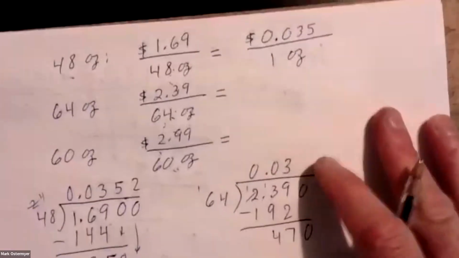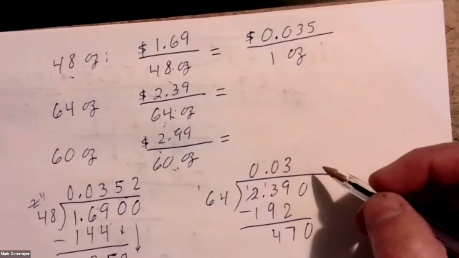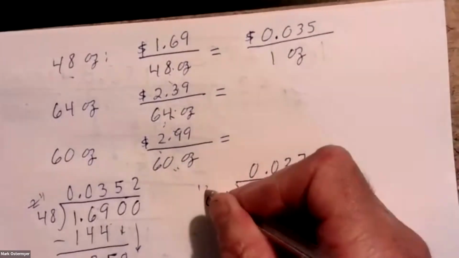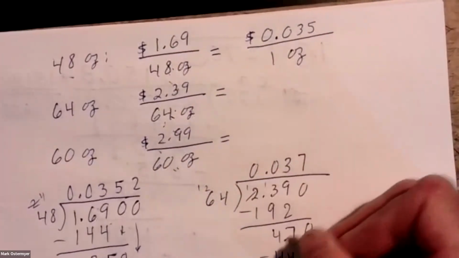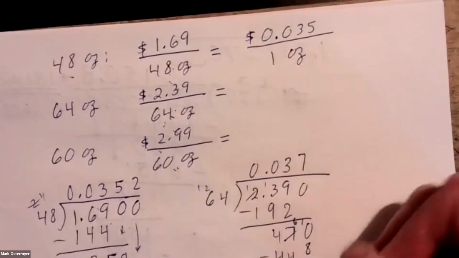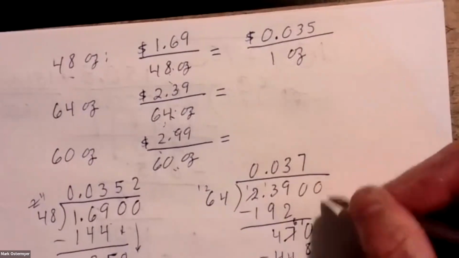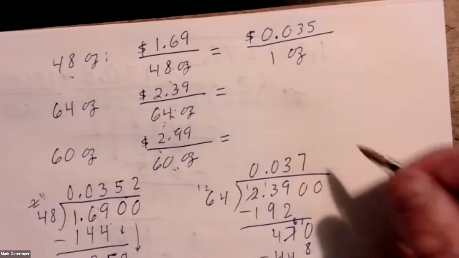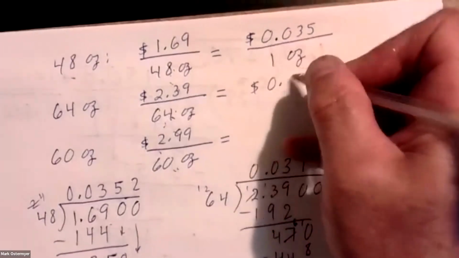How many times? 8 is too big. 7 is good. Subtract, 220. It's about 3 times. So this is about 0.037.